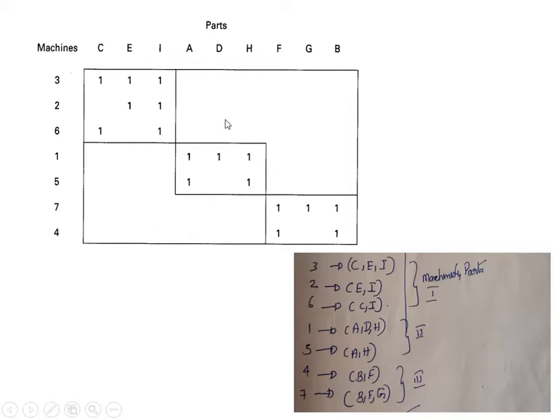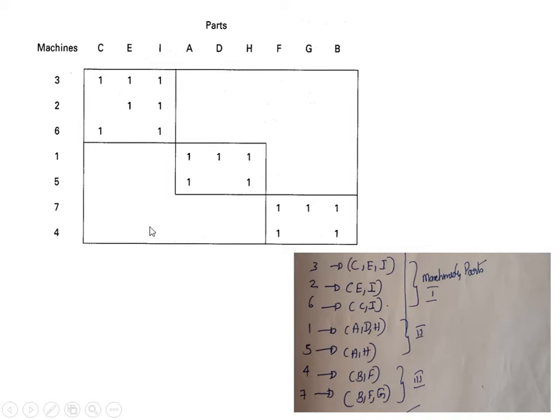So here you can see the ADH part is common with the machine 5, which is having the parts machine to AH. In the same way, it will be repeated for the machines 4 and 7, which are commonly grouped into 1, 2, 3 groups.